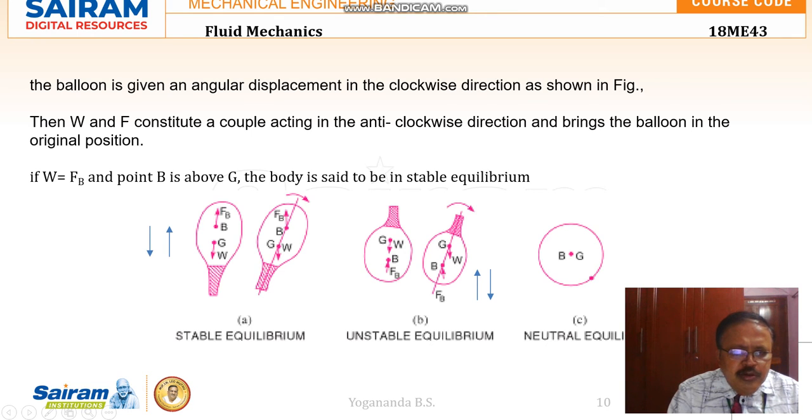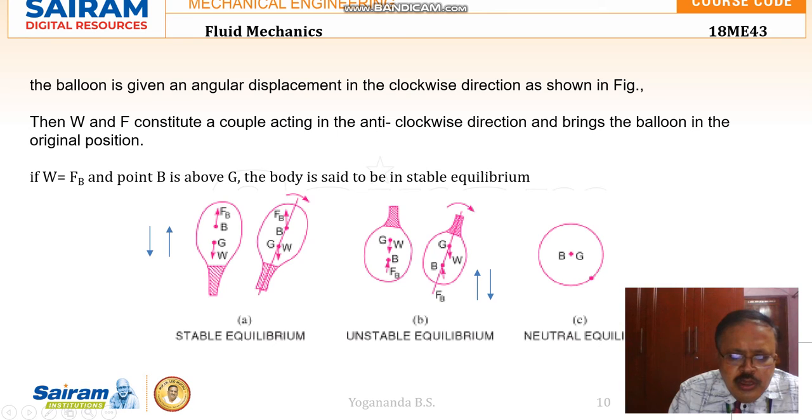Now the same balloon is filled with the same weight of material, but now the mouth is on the top and the bulged portion is at the bottom. So here my B is below G. Here also we are giving a small tilt, displacement in clockwise direction.